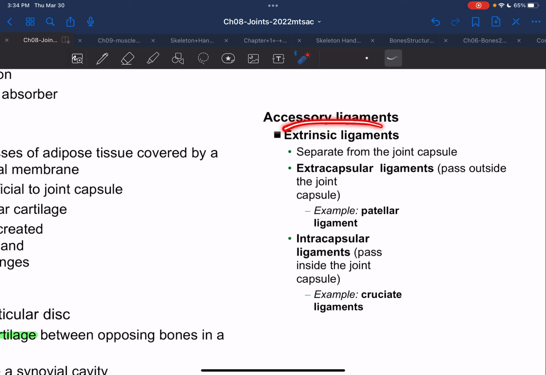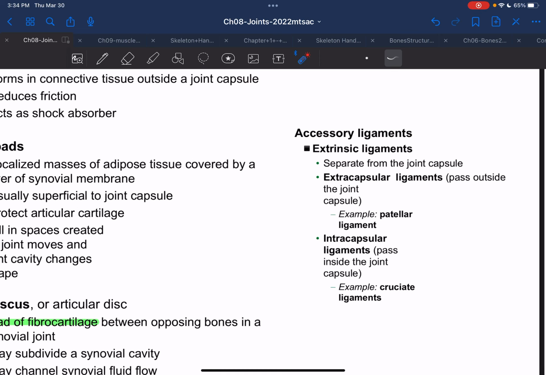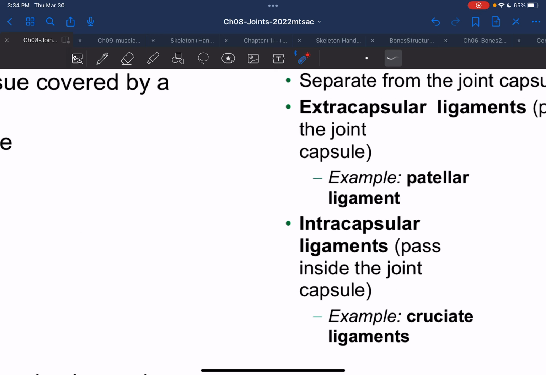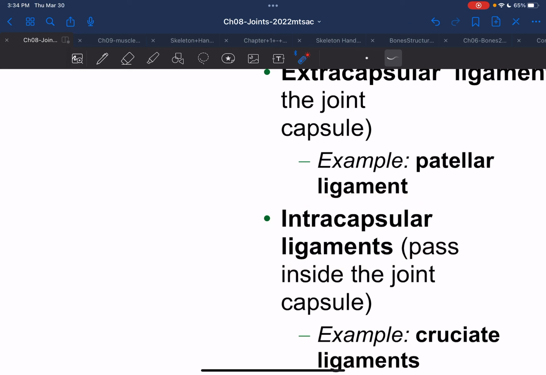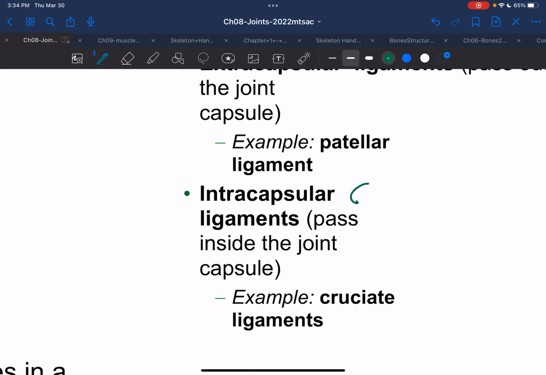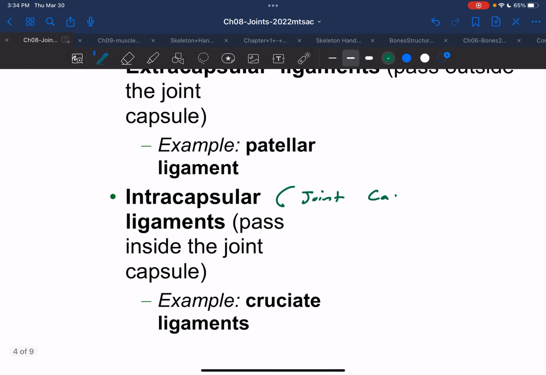So extrinsic means outer, and we're going to see examples of them in a second. But otherwise, these are going to be on the outside of the joint. And when we say intracapsular, remember that this is coming from the fact that every synovial joint has a joint cavity, which is interchangeable with capsule.